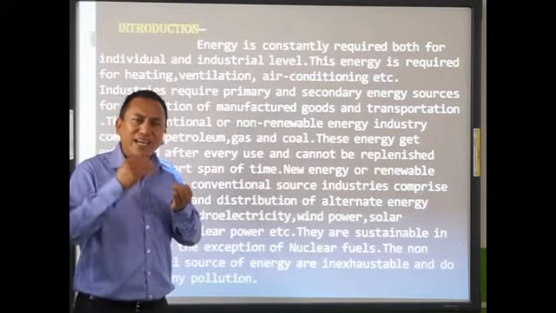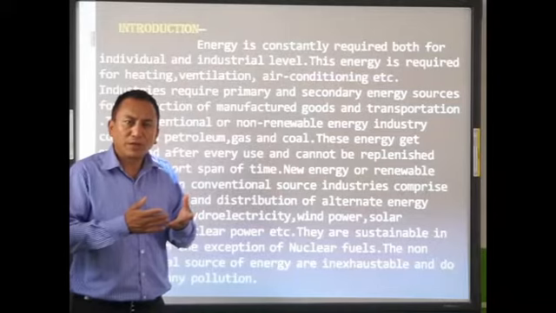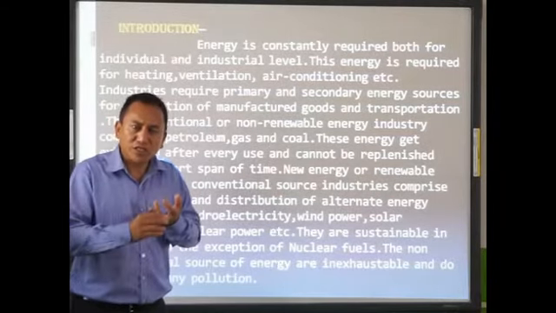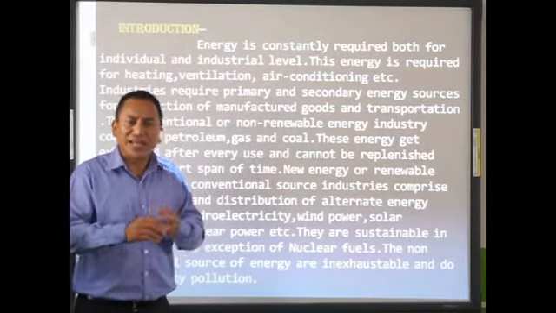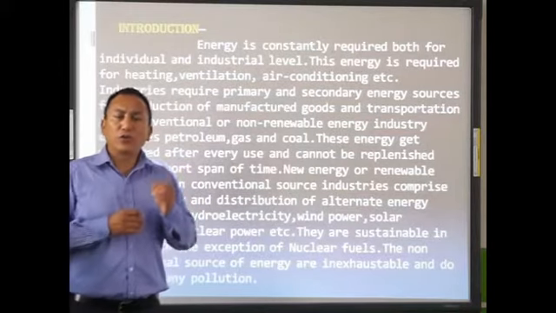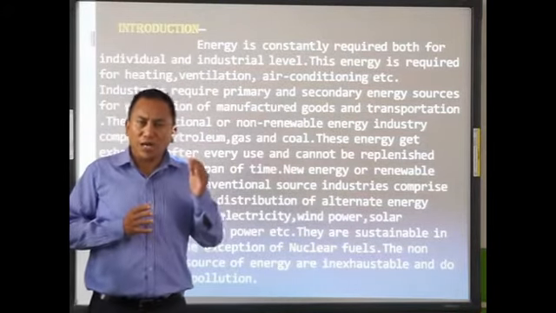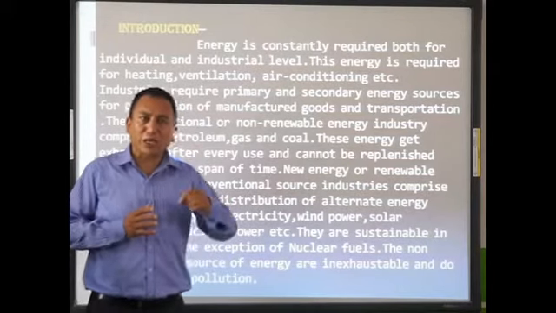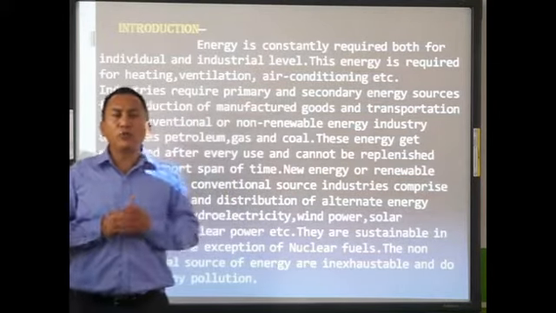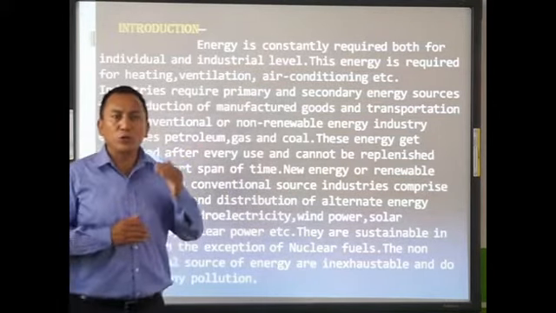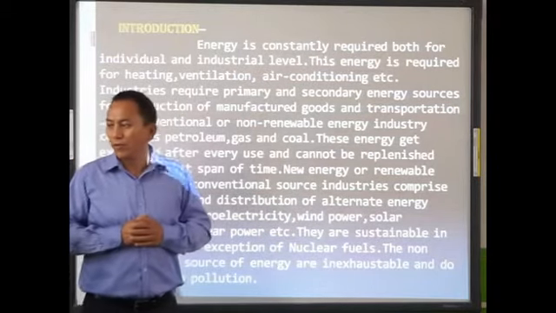We can use it again and again. It will never finish. Water energy is also an example of a renewable source of energy. So there are renewable sources of energy which we can use again and again, and non-renewable sources of energy which we cannot use again and again.